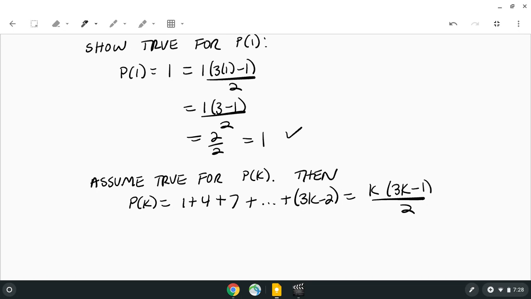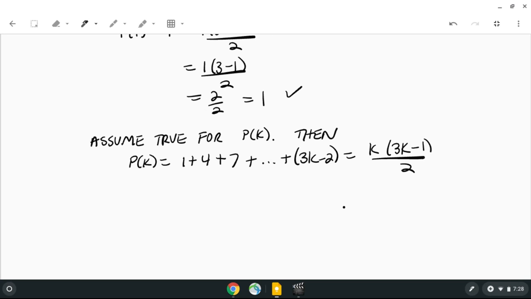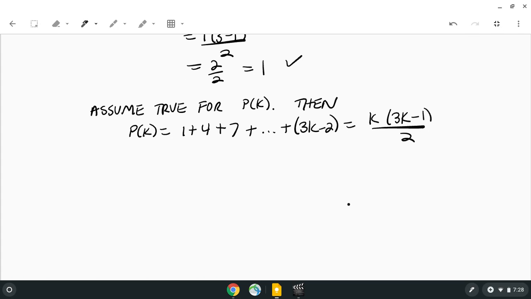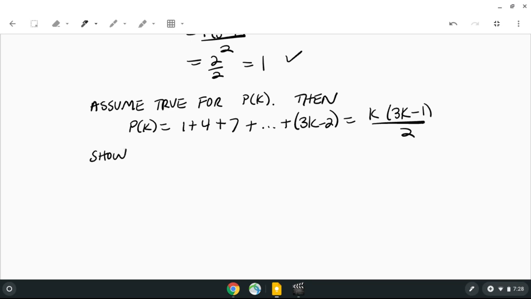Okay. So this is what we're going to be using when we try to prove that it's true for P of k plus 1.